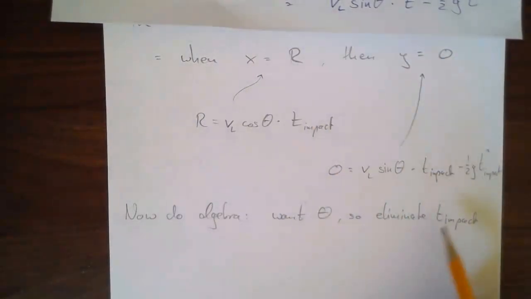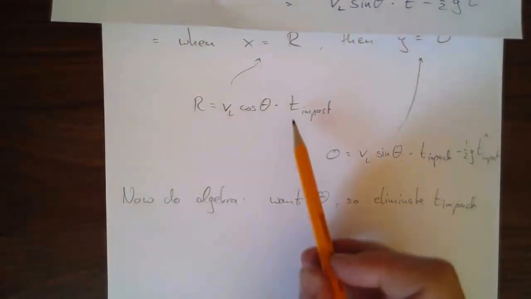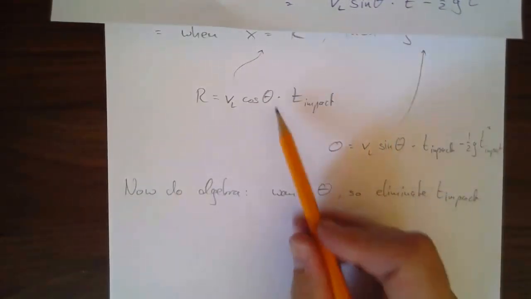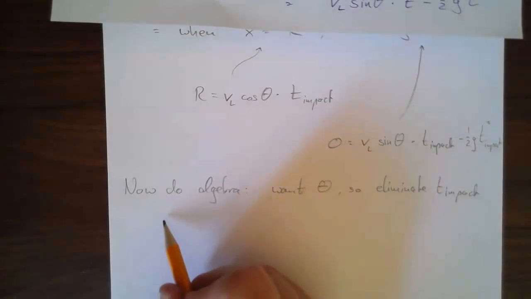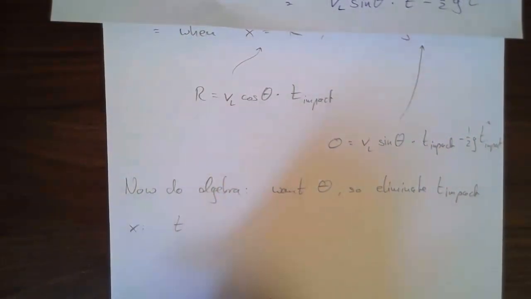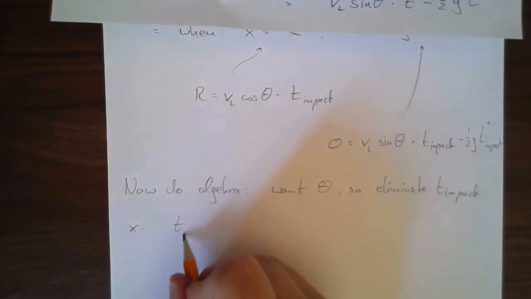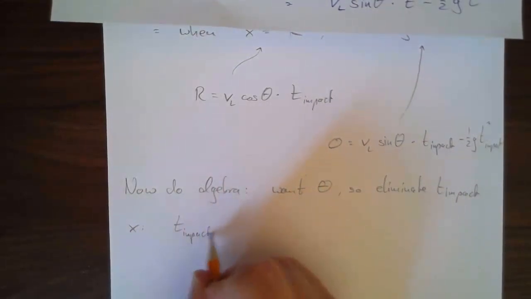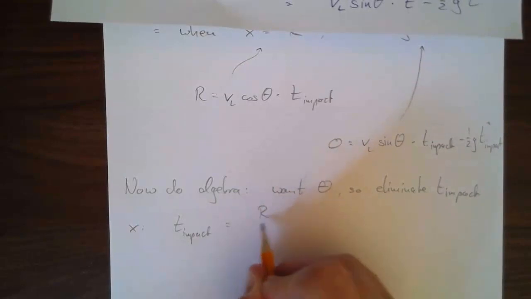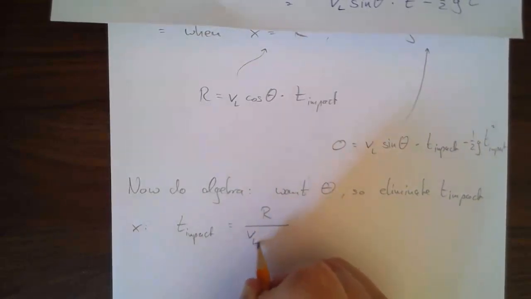So how might I do this? Well, there's more than one way, but I think the easiest thing would be to use the x one, and I'm going to write just x, just so I know where this equation comes from. The x direction, t impact equals r divided by VL cosine theta.